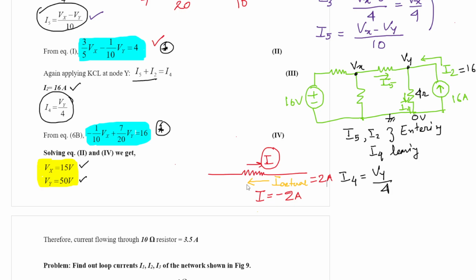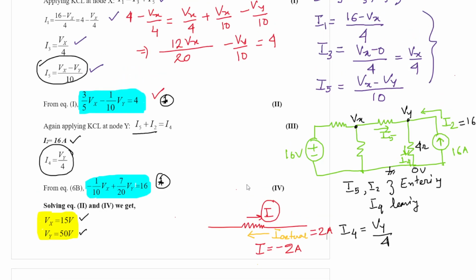Now coming to this problem, we have assumed current flowing in this direction I5, that means from X to Y. However, we have solved and we get Vy greater than Vx, right? So that means the actual current direction is from Y to X, not what we have assumed.